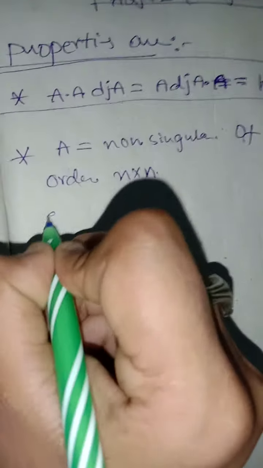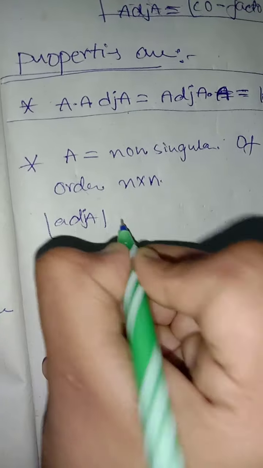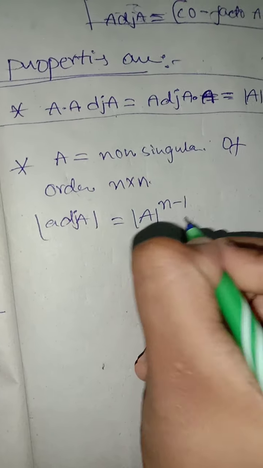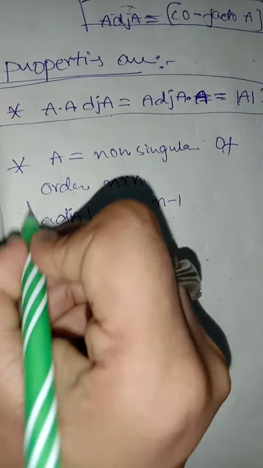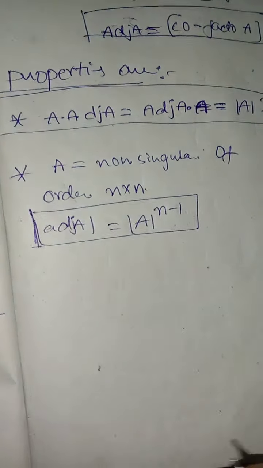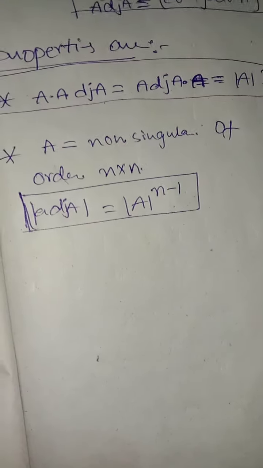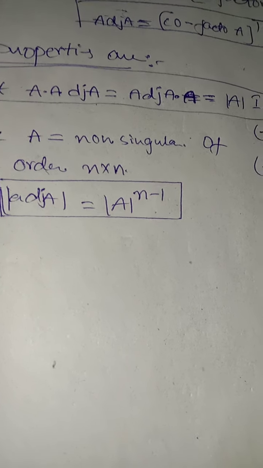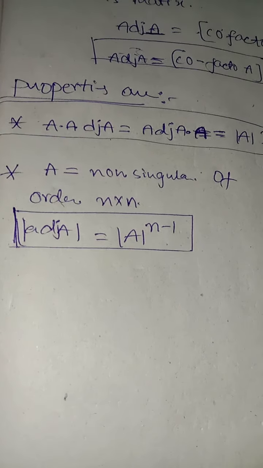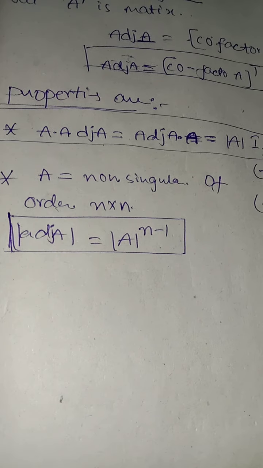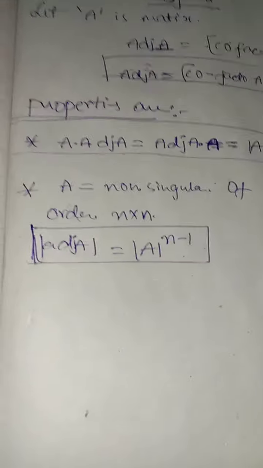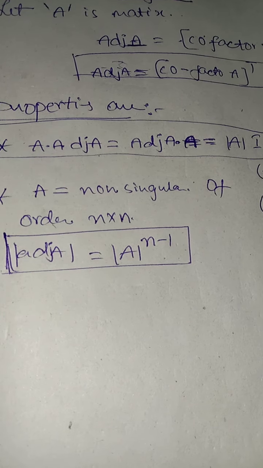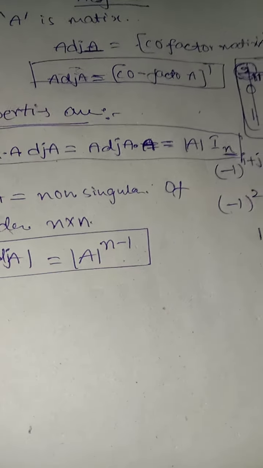Then det of adjoint A is equal to det of A power n minus 1. Most important property. It should not be a singular matrix. It should be a non-singular matrix. Det of adjoint of A equals det of A whole to the power of n minus 1.